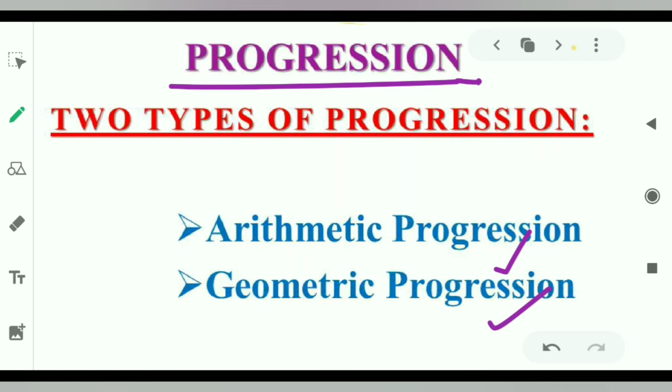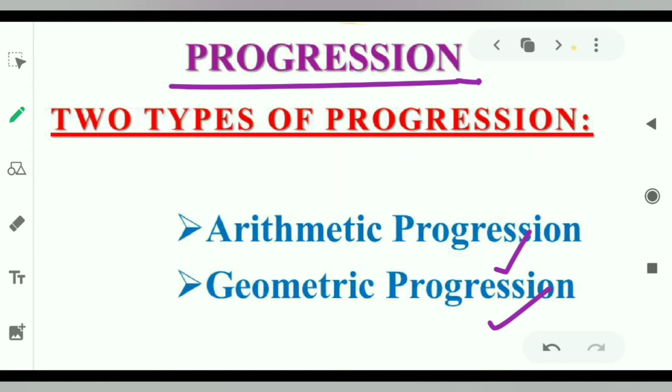Common ratio in the sense, if we multiply the common ratio with the previous number, then we will get the current number. I mean, previous number into common ratio is nothing but the current number. On multiplying the common ratio with the current number, we will get the next consequent number.